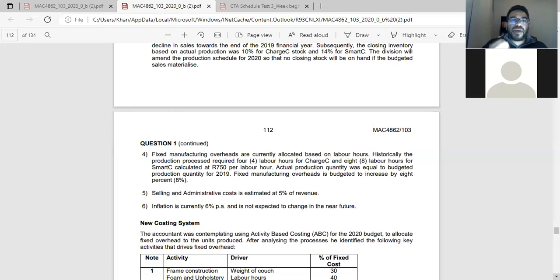If they allocate overheads based on direct material costs, labor costs, labor hours, or machine hours, any of those are inputs into the production process. So those are inputs. Okay, so just take note of that. So here you can see fixed manufacturing overheads are currently allocated based on labor hours. So it's an inputs basis. It's based on labor hours.